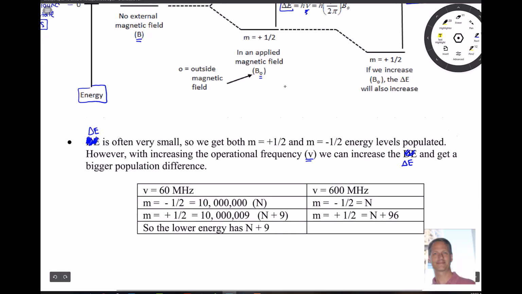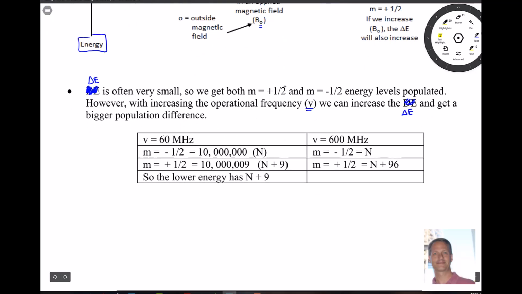So let's look at some energies down below. At 60 megahertz, and this is something that you can calculate, I used to go through and do this years ago with students, but this is the end result: your M minus 1/2 is 10 million, and we're going to call that just N. And then the lower energy, plus 1/2, is 10 million and 9. So at that operational frequency, you have 9 extra protons in the M plus 1/2 energy state.